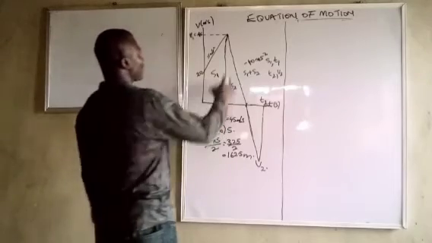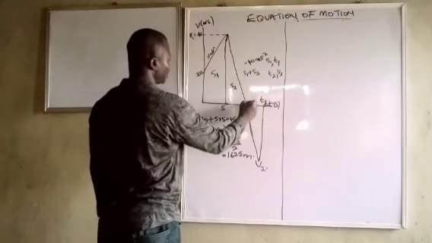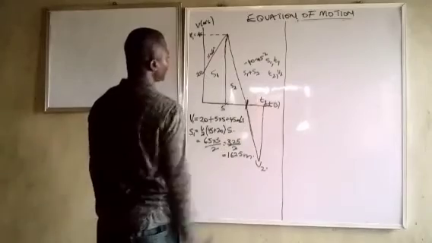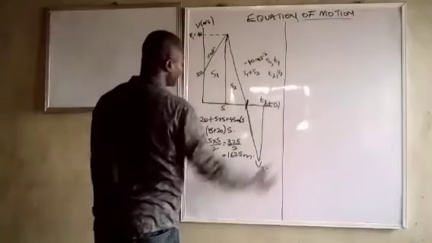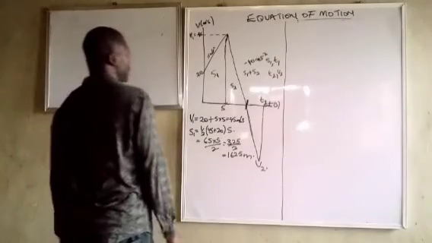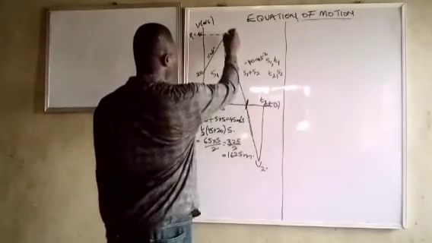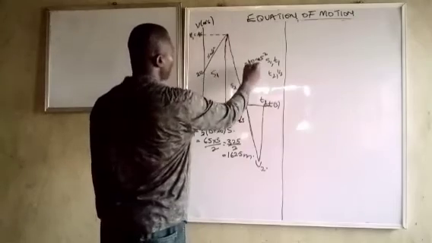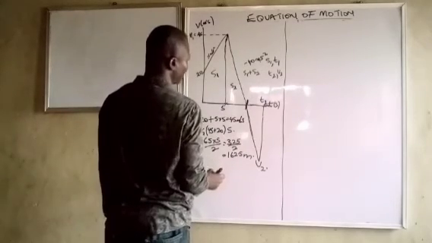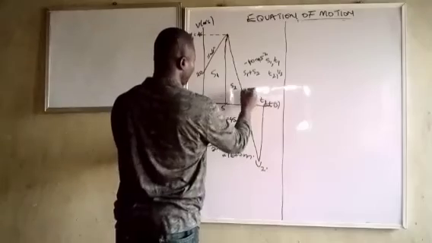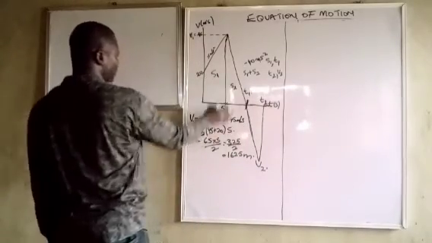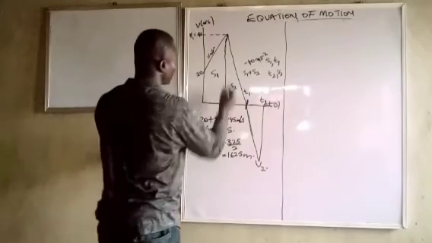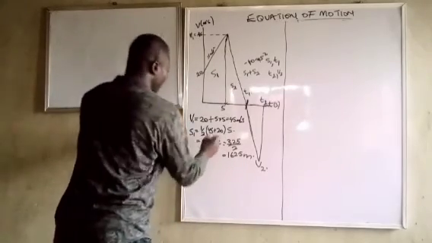We are asked the extreme position, that is the farthest distance gotten to by the particle. Now let's see, we have this as 45 and we have this as minus 10, and this place is T1. Let's find T1 so that we can find the distance S2, and then we find the extreme position. How do we get that?